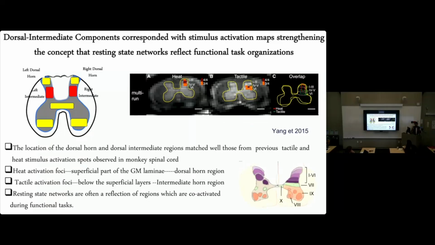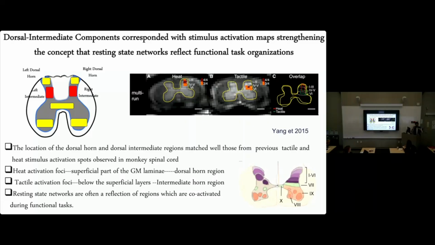One functional significance of this intermediate region I would like to focus on is that the location of the dorsal horn and the dorsal intermediate region matched very well with the previous tactile and heat stimulation activation maps we observed in monkey spinal cord.